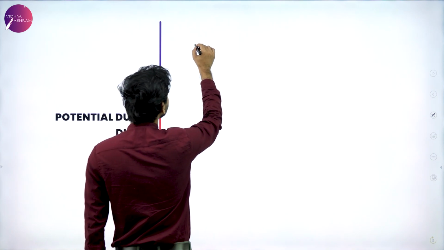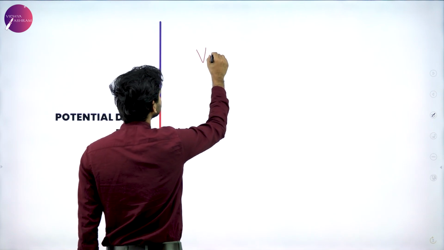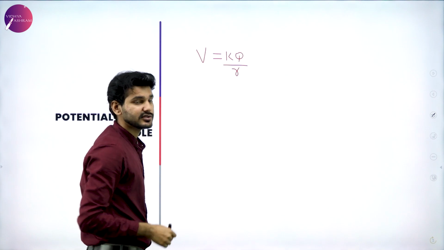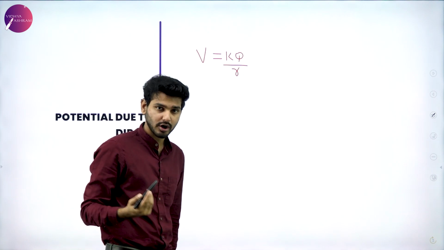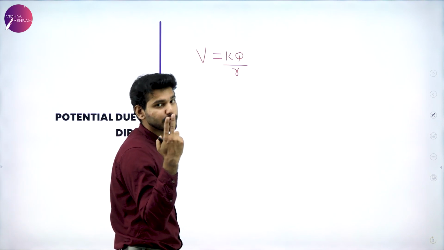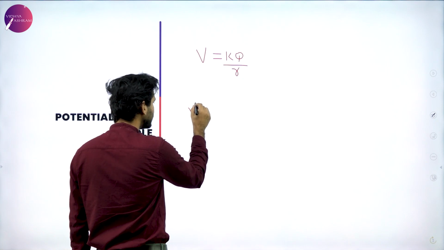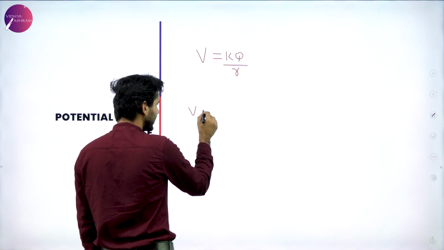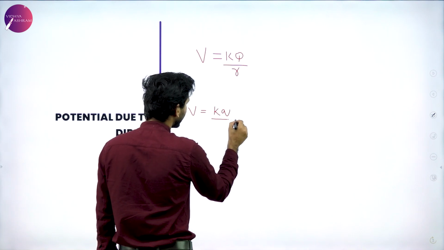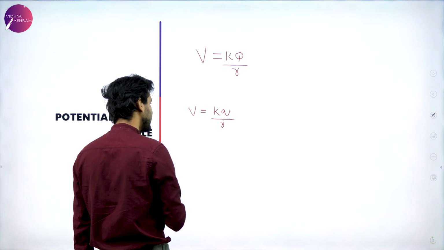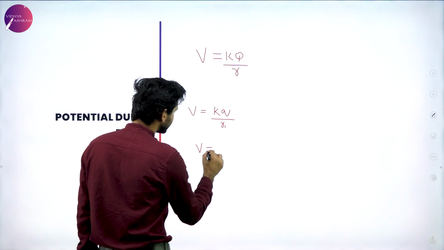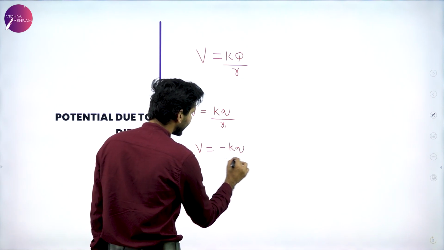The way we find potential V is V is equal to KQ divided by R, where K is nothing but 1 by 4 pi epsilon naught. In this particular case, we are dealing with a dipole, so we have two potentials, due to plus Q and due to minus Q. For plus Q, it is equal to KQ divided by R1, and for minus Q, V is equal to minus KQ divided by R2.